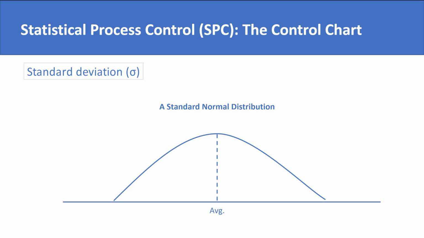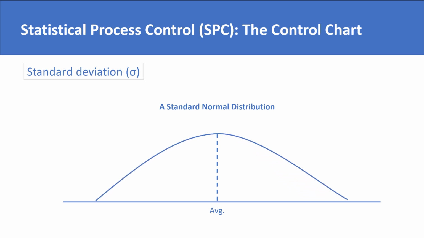Standard deviation is a key concept within this. It measures how spread out the data is around that mean. If the data points are tightly grouped, the standard deviation is small. On the other hand, if they are more spread out, it is larger. In simple terms, it tells us how much the process naturally varies.